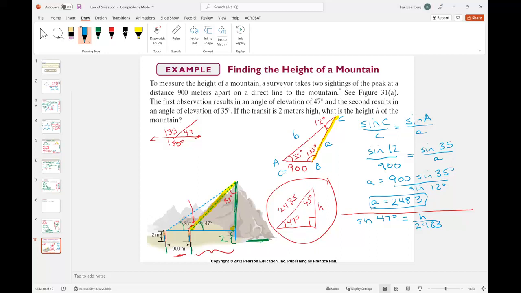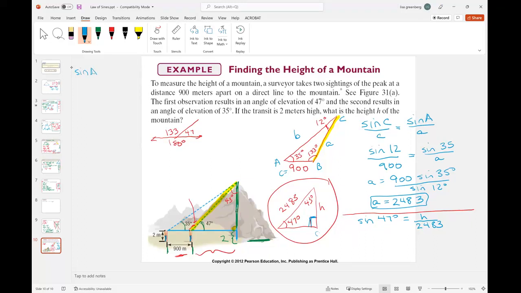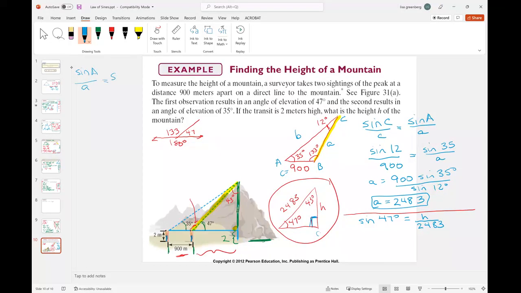Of course it will, because here, if I use this as, say, C, what's the sine of 90 degrees? That is 1. So if I have sine of A over A equals, just for example, sine of B over B, I can also flip them, right?